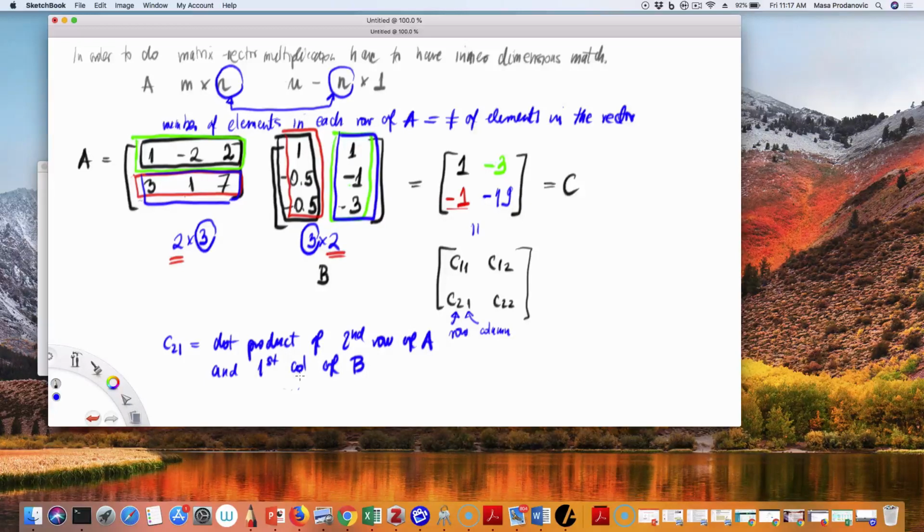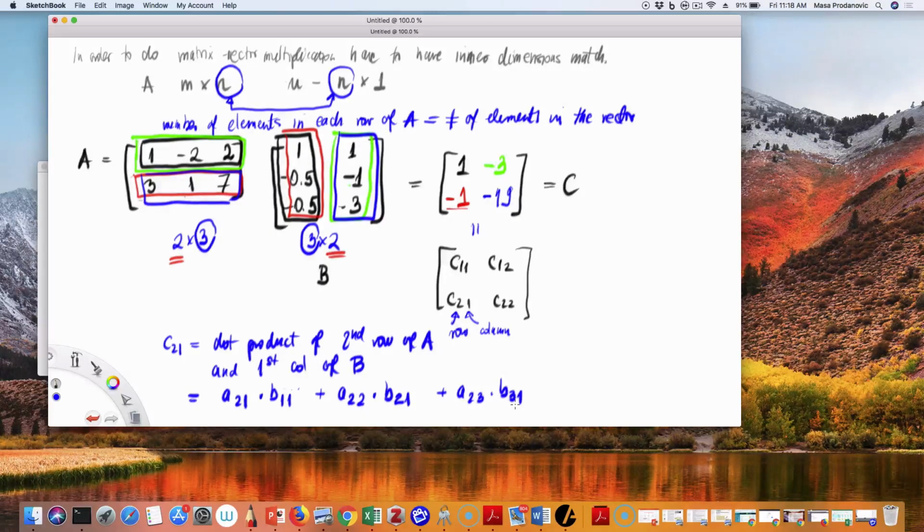So formally, if I was writing just referring to elements in the matrix A, if you remember that sum for dot product, right? It's essentially A21 times B11 plus A22 times B21 plus A23 times B31.